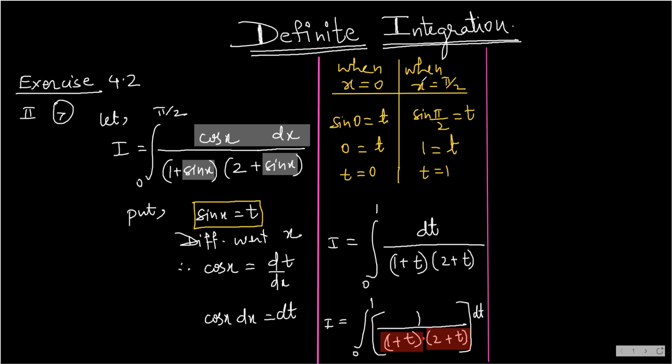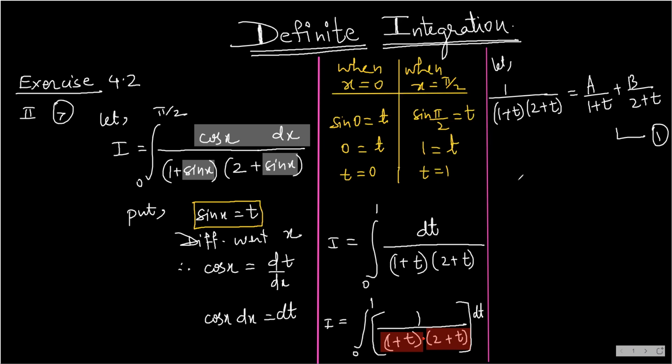Let 1 upon (1 plus t)(2 plus t) equals a upon (1 plus t) plus b upon (2 plus t). Now I take the LCM.